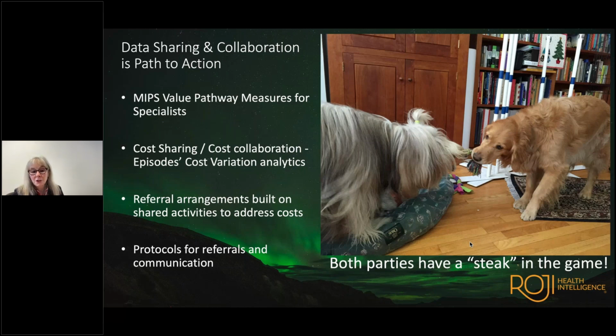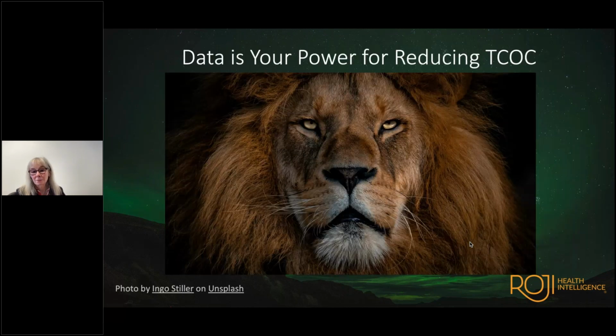Then you can build referral arrangements built on those shared activities to address the costs and create protocols for referrals and communications for your primaries. The thing here is that data is your power. And so your goal for quality reporting should also be to build the data for your reducing total cost of care.